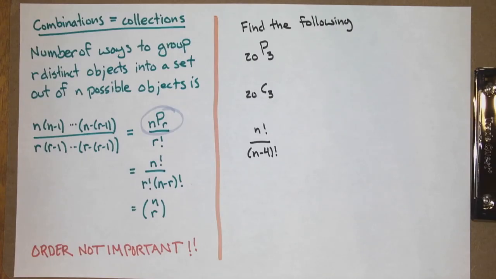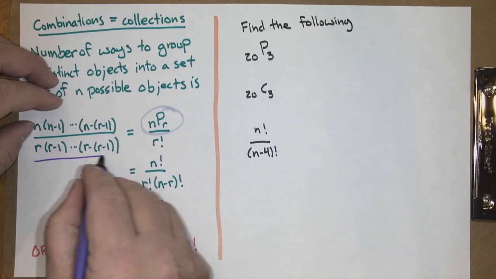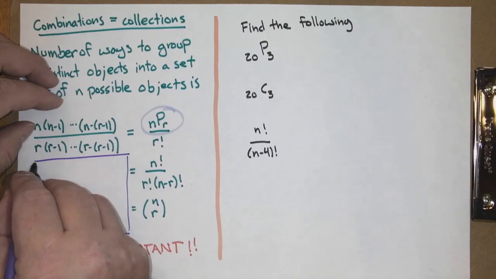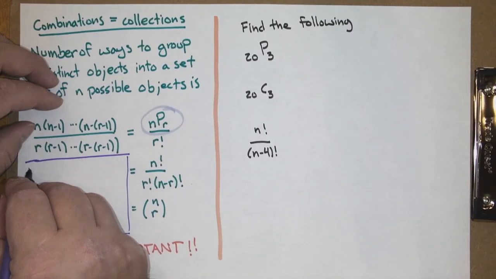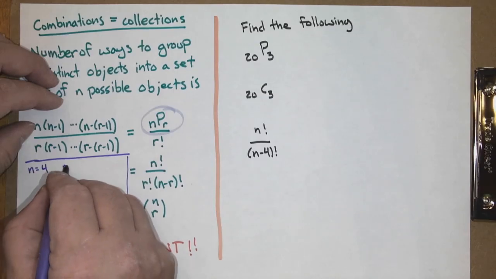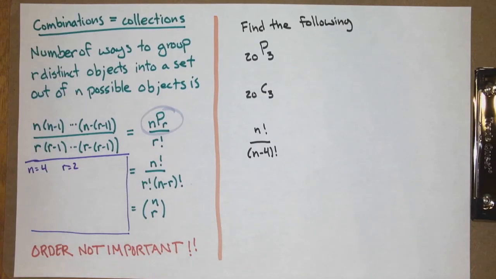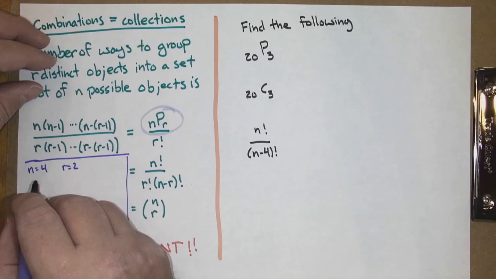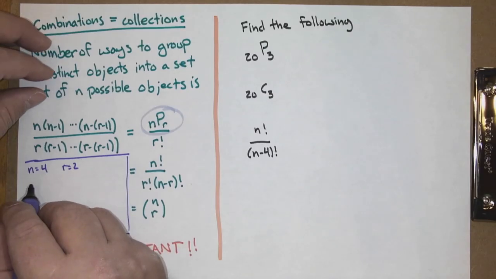So, let me do a quick example here. I hope this is quick. Suppose we do n equals 4, r equals 2. So when I say 4, I'll just use 1, 2, 3, 4. So I want to pick 2 objects out of a group of 4 objects. So one thing I can do is list all the ways I can grab 2 objects where I grab them in order.